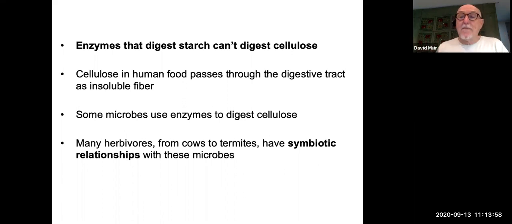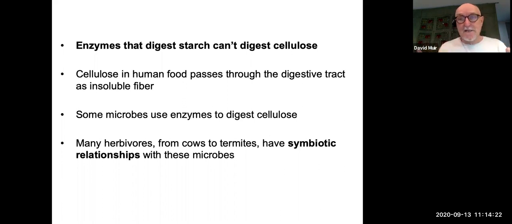So instead, animals like horses, cows, goats, all of these animals that eat purely plant material, have in their guts these microbes which can digest the cellulose. They live together with these microbes.